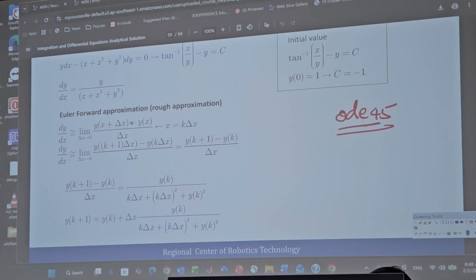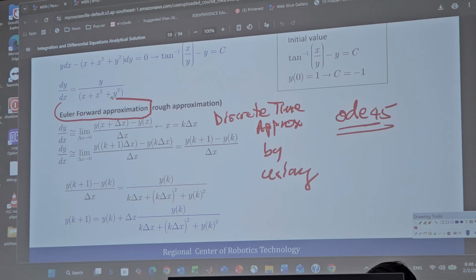And this one is discrete time approximation, by using Euler forward approximation, right? We call this one.